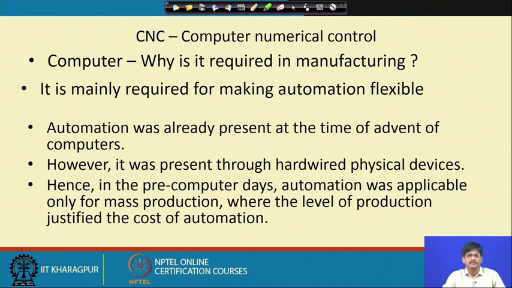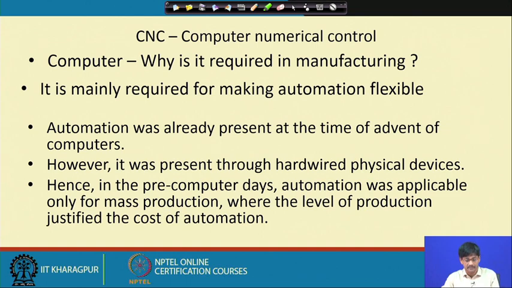Whenever the part design has frequent changes, that means in small lot and batch production, in that case hard automation is difficult, because once we have made some hard automation device, it will be costly to change it. Can we change, say, a machine part?